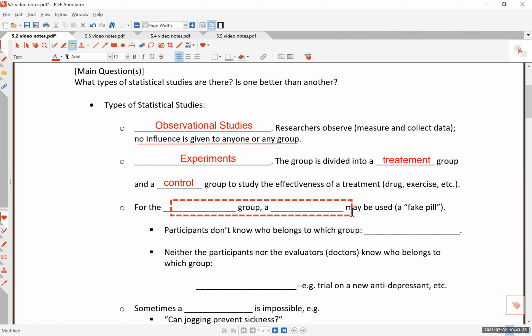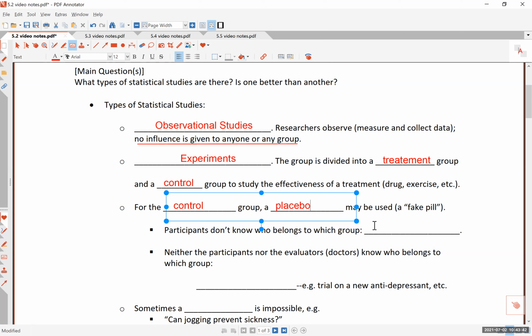Now, for the control group, do they get nothing? Sometimes they get nothing, but sometimes, in order to prevent a certain psychological effect, we give them what is known as a placebo.